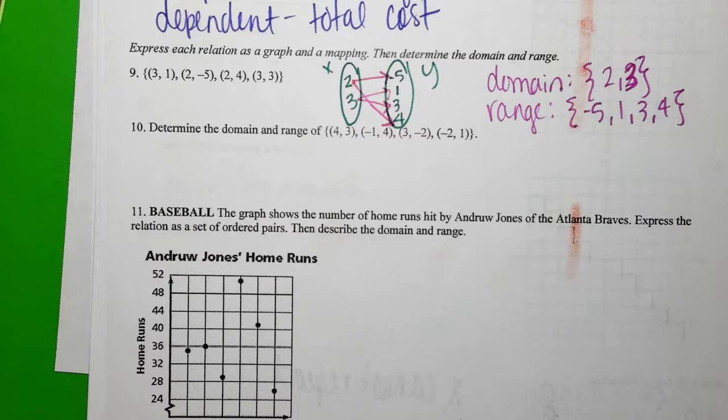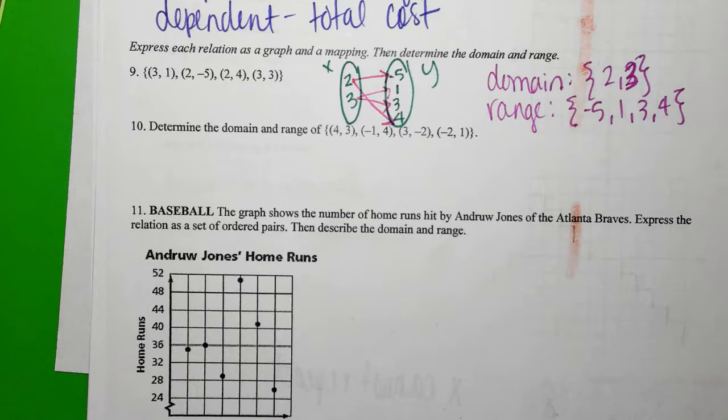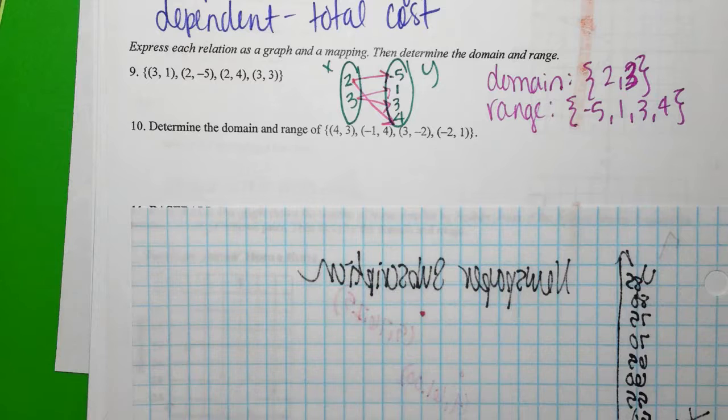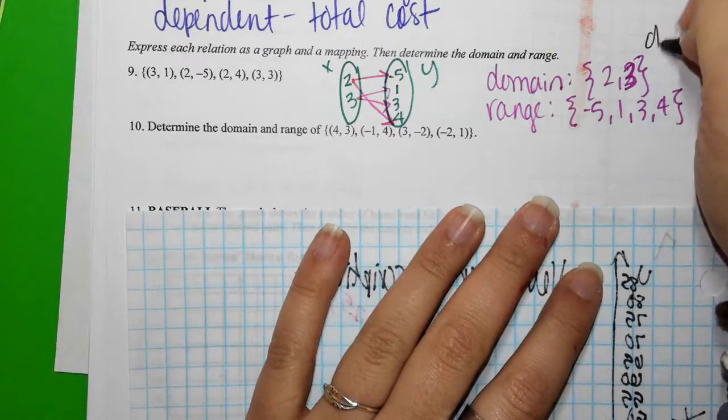All right, and we also had to graph that, correct? Because if it repeats, you only have to write it one time. That's a great question. So let's make a note that says that.